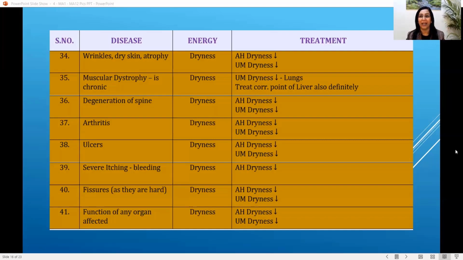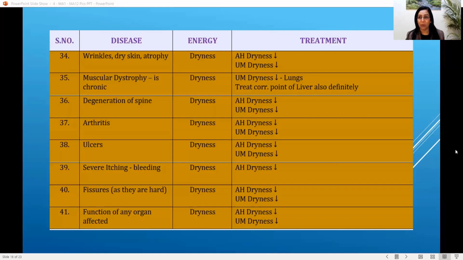Then one very big thing that happens in this phase of life is the degeneration of the spine. If there is too much degeneration of the spine, which is causing other issues, then you can sedate the dryness meridian. If it is acute, for example, because of degeneration of the spine you have back pain or some nerve is getting compressed, then you can do it as an acute treatment and sedate the large intestine meridian.